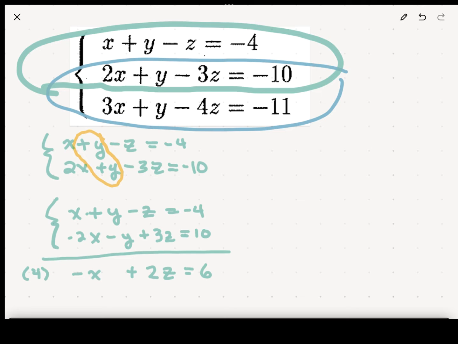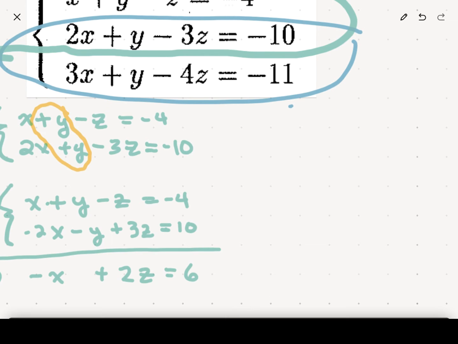So I have the system 2x plus y minus 3z equals -10, and 3x plus y minus 4z equals -11.